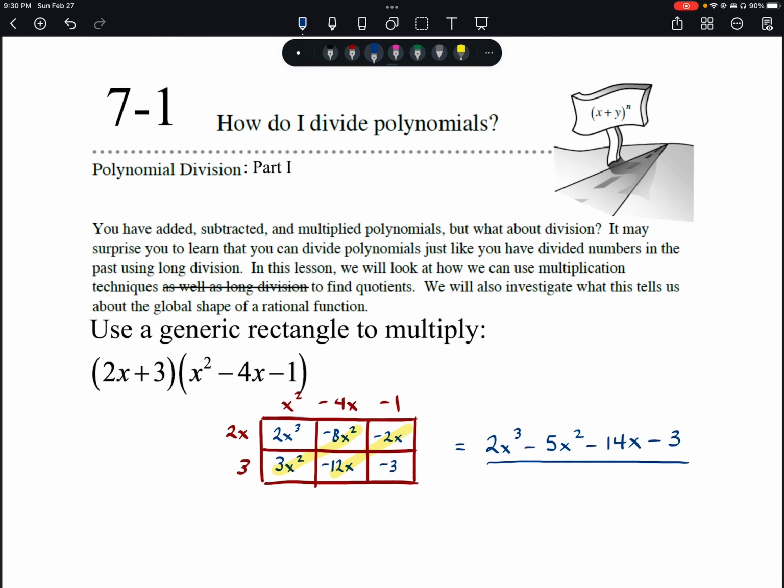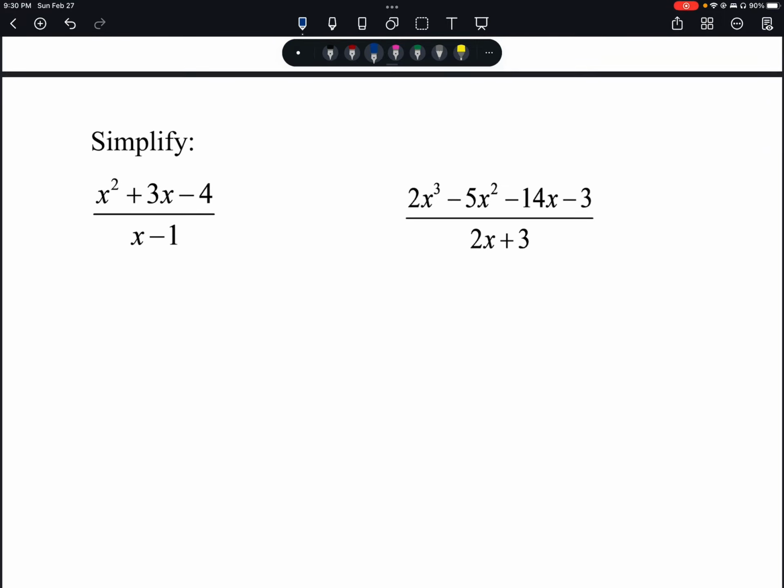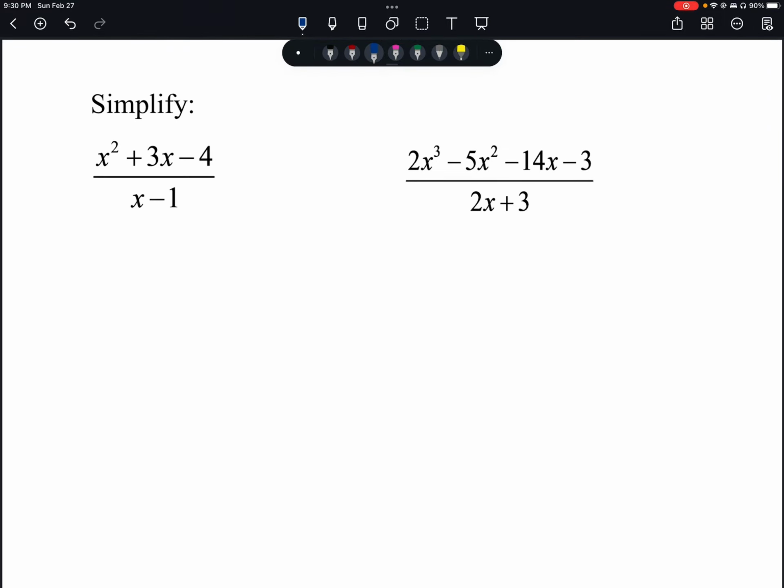We're going to be getting into doing some dividing here. Now, there's a couple ways to look at division. One of the easiest ways is when we're asked to simplify something, and you see we have this fraction x squared plus 3x minus 4 divided by the quantity of x minus 1. And if we have the ability to factor something, we usually try to do that first.